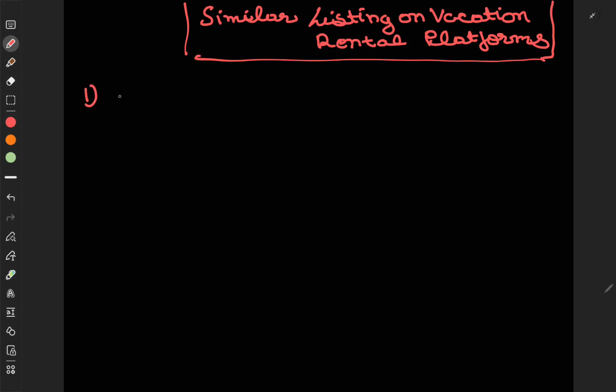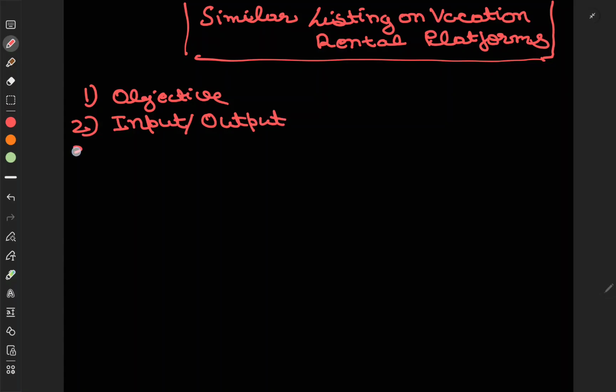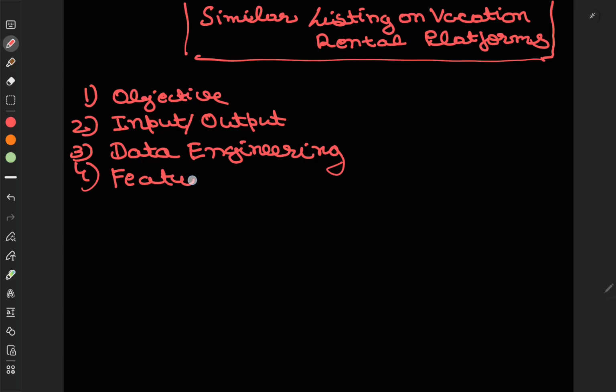So to start with, we will start with the objective. Then we will jump into input and output of the system. Third, we will be jumping into the data engineering part. Fourth would be the feature engineering part. Fifth would be to discuss the model development.